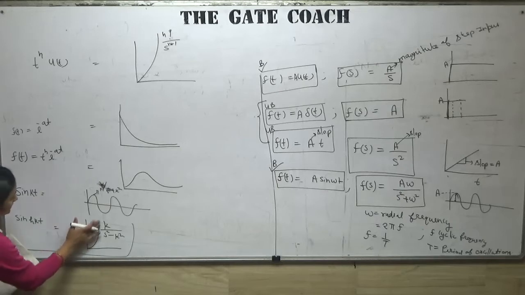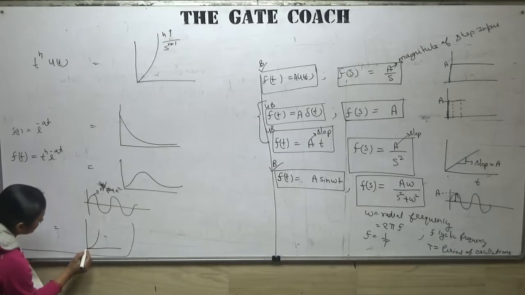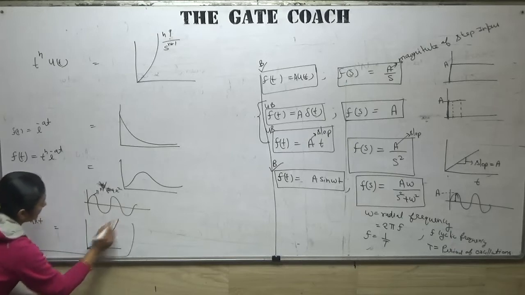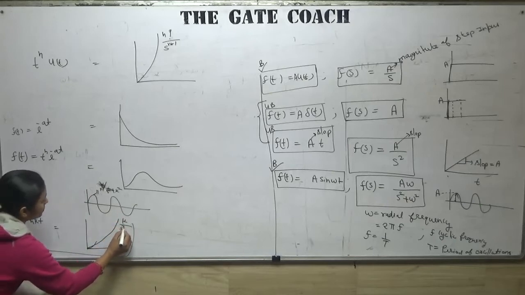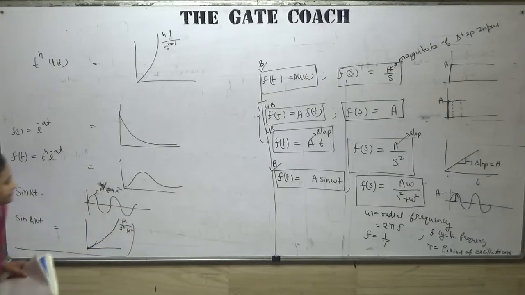That will not go like t to the power n, this will go like this, much wider, k upon s square minus k square.